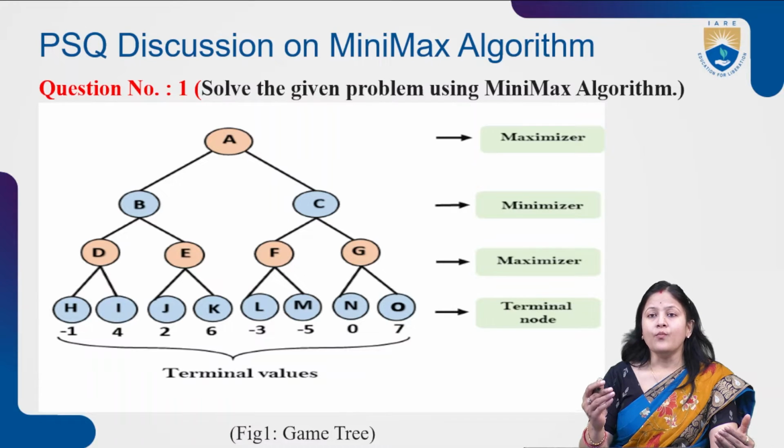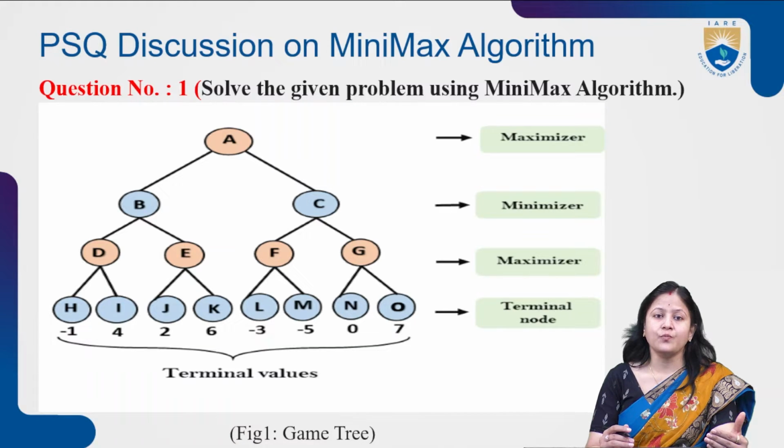Both players, maximizer and minimizer, play as opponents to each other, one after the other, to gain the advantage or to win the game. We have to explore this search tree from bottom to top, not from top to bottom.